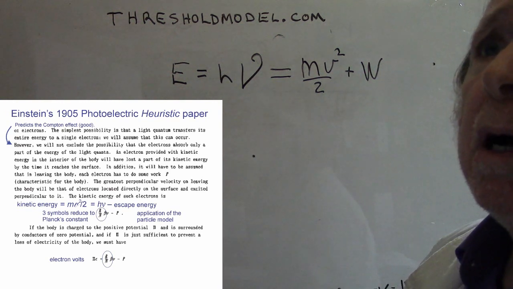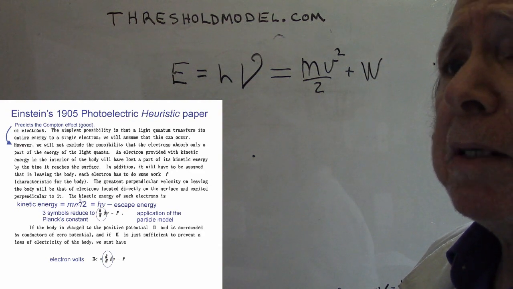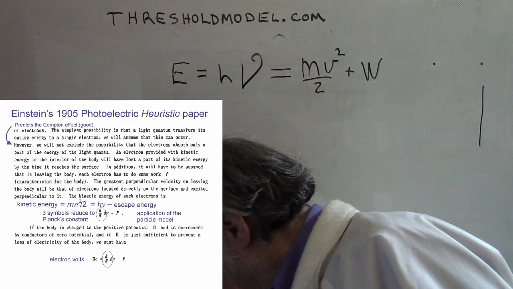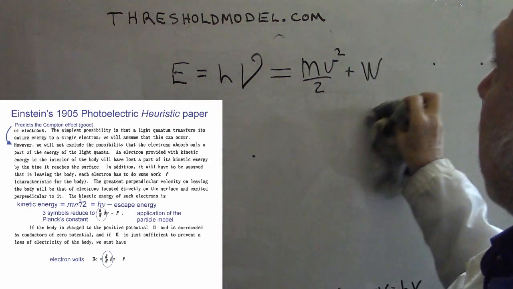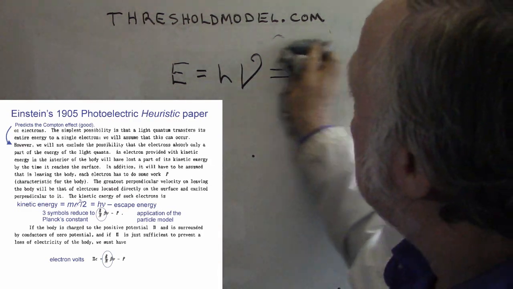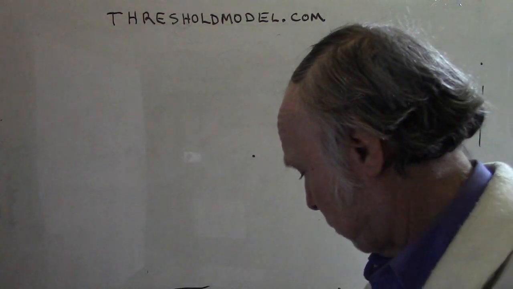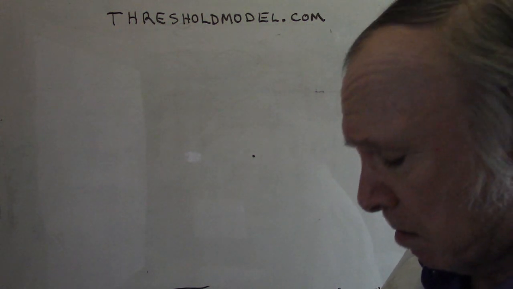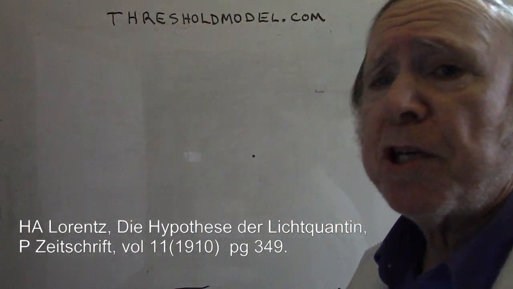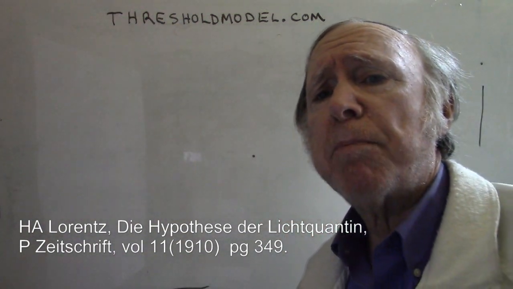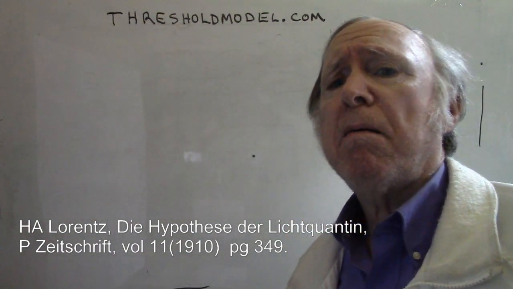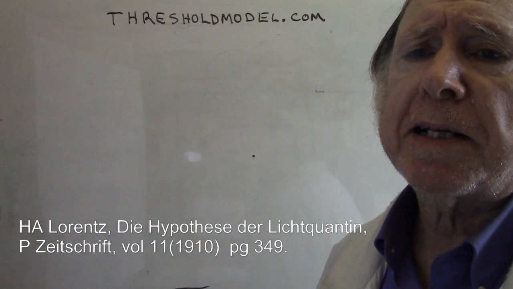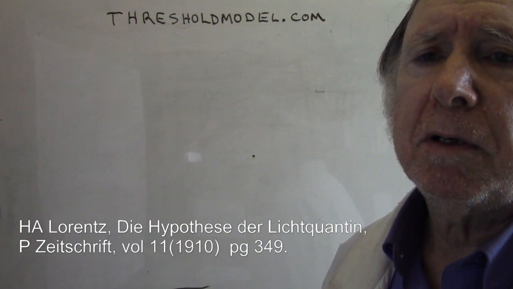But there were many who objected, obviously, to this idea of quantizing light into photons. In 1910, Lorentz objected to it strongly in a paper and ended up saying light quanta just won't do.